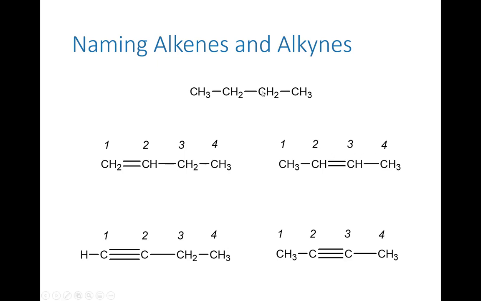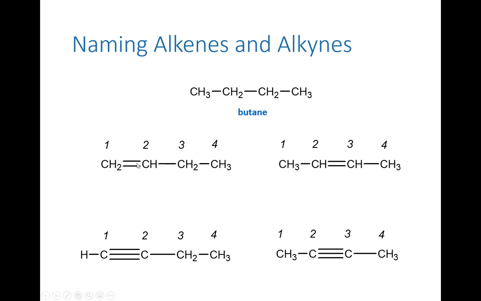Let's start off here with a simple alkane, which we learned how to name in the last chapter. So this is a straight chain alkane with 4 carbons. This is just butane. Good. What about this molecule here? Well, it has 4 carbons, so its parent is going to be butane.